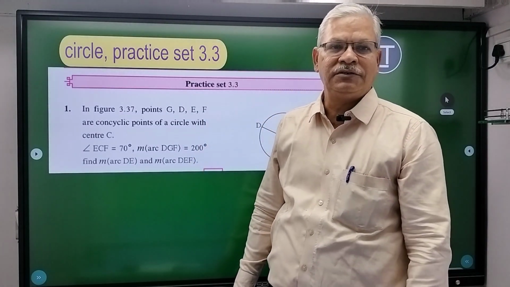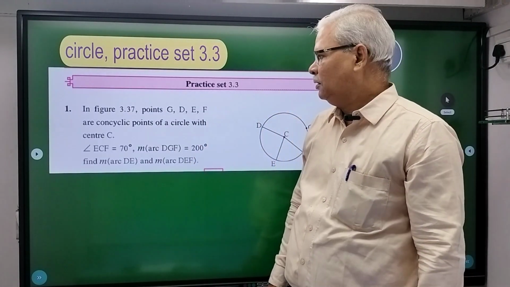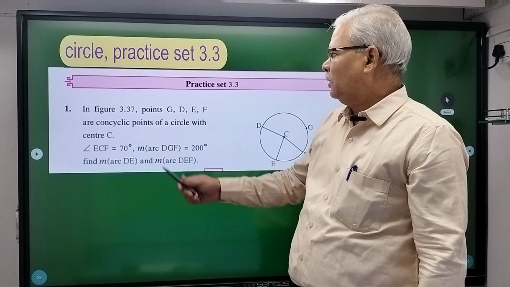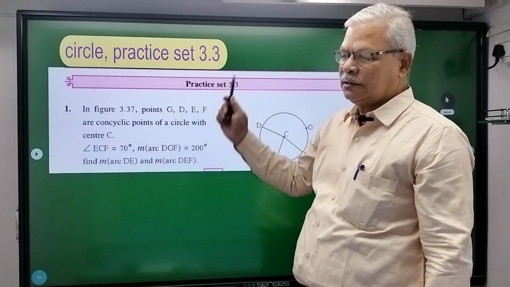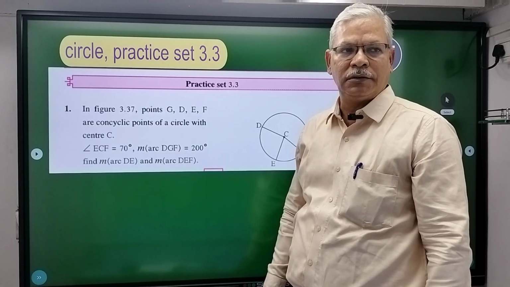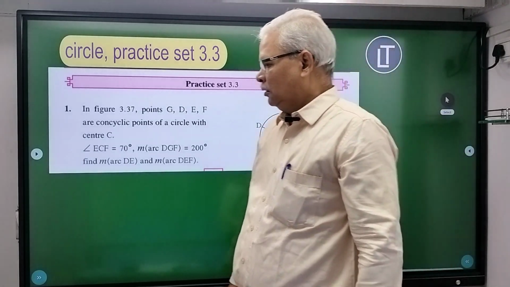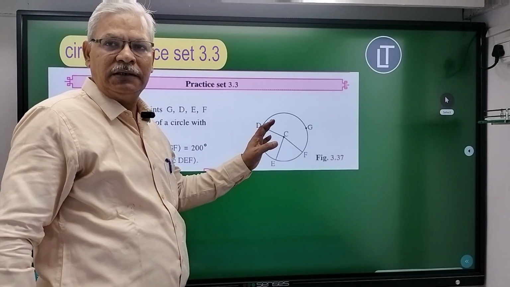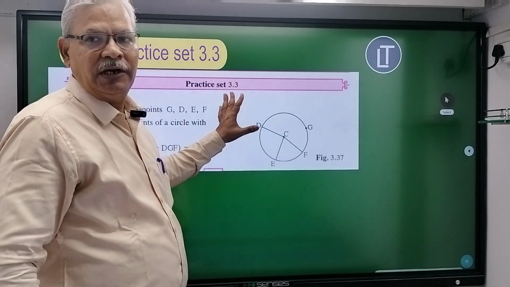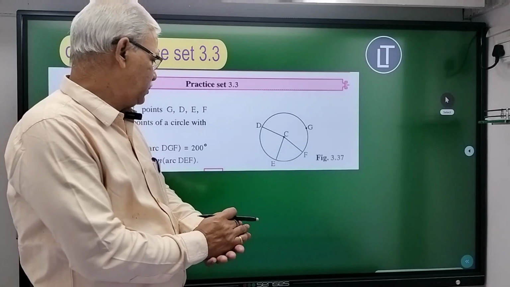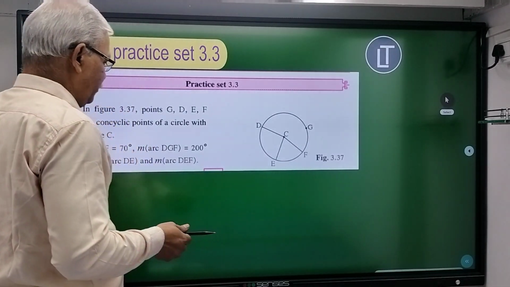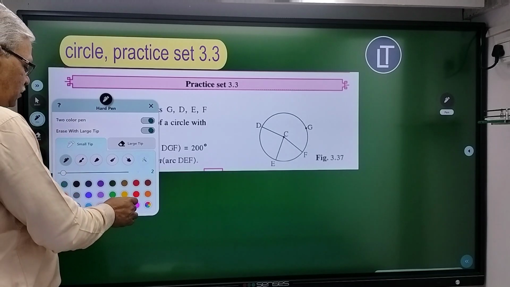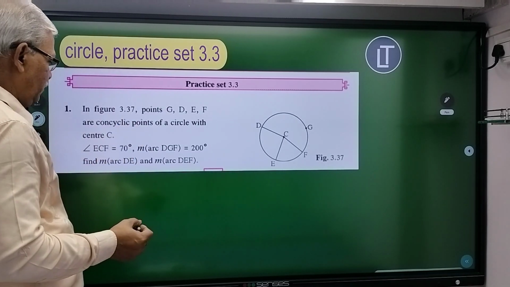Yes, my student, today we are going to solve problems of practice set 3.3. Before it, we have learned about the properties and the theorems related to this topic. Now see here, first we are going to solve this problem.